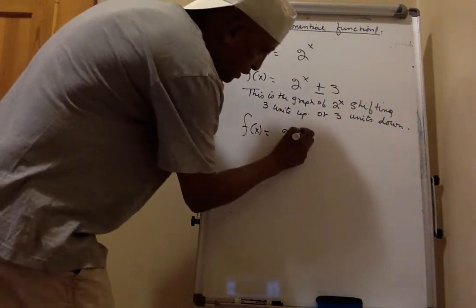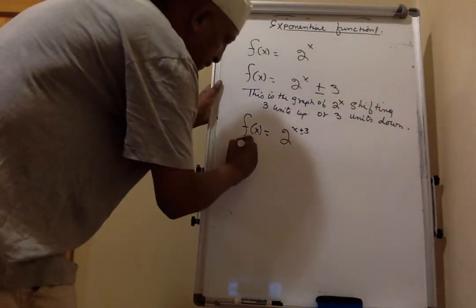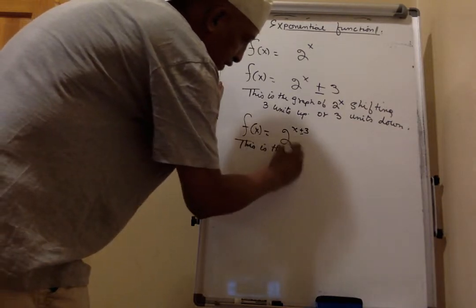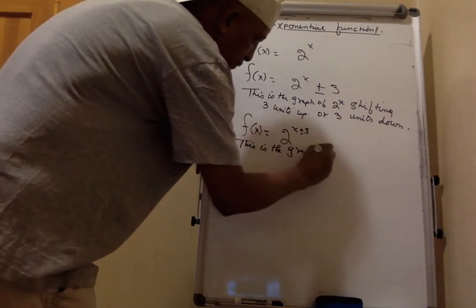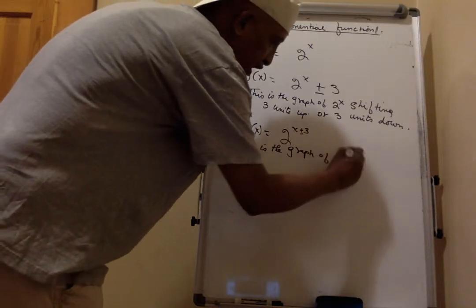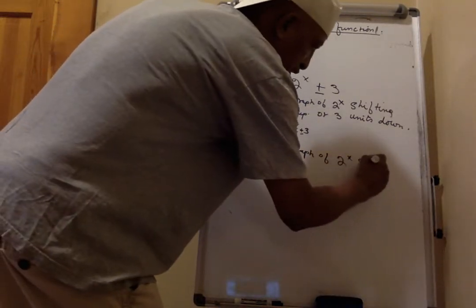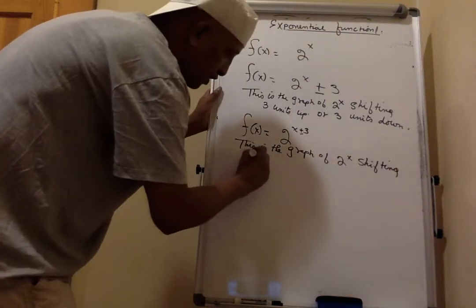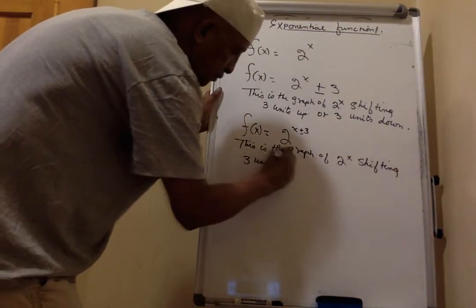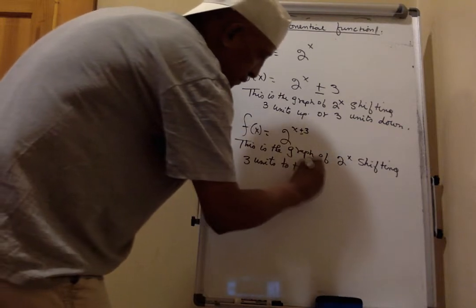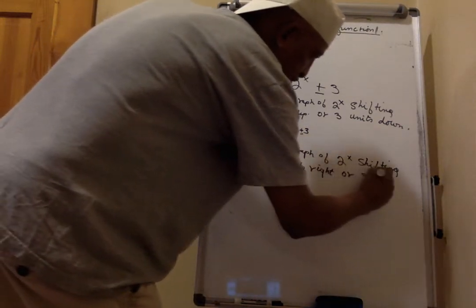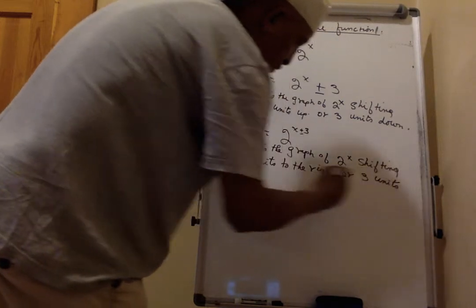In fact, if I do minus, then I would say this is the graph of 2 to the x shifting 3 units to the right, or plus 3 units to the left.